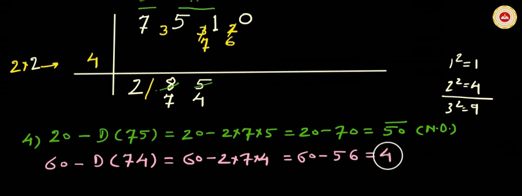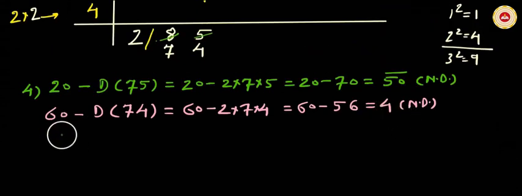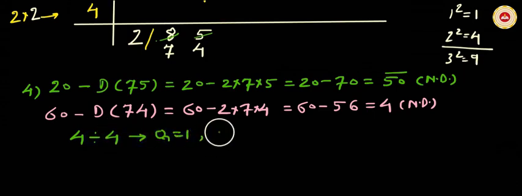Yes, 4 is positive, new net dividend. So let us divide this 4 by divisor 4.